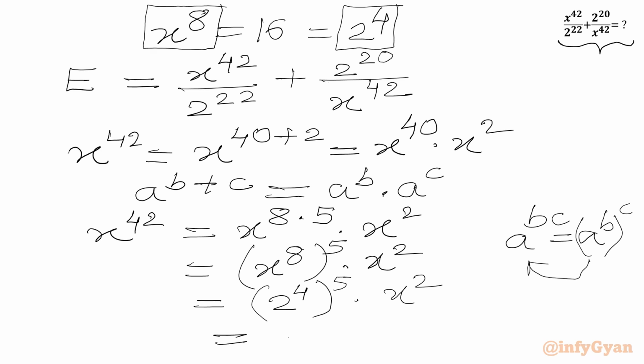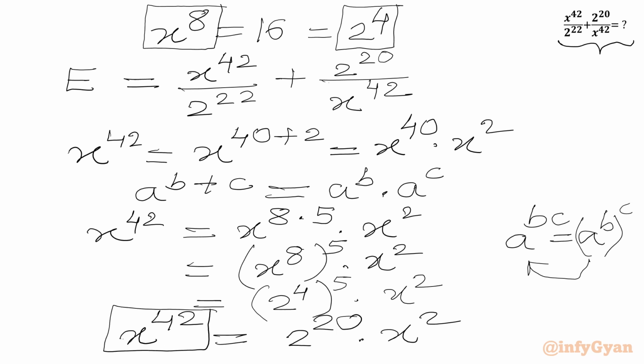So we will write 2 power 4 times 5, which is 20, times x square. So the value of x power 42 will be 2 power 20 times x square. Let us replace x power 42 by 2 power 20 times x square.